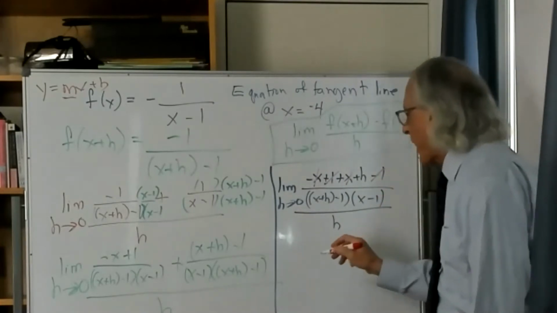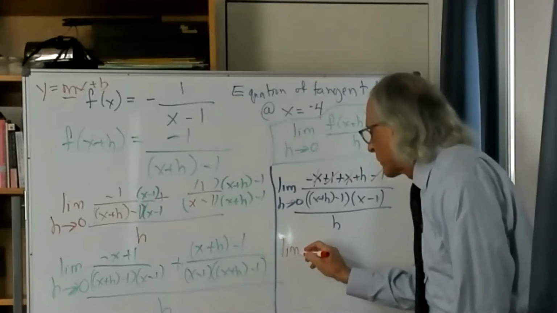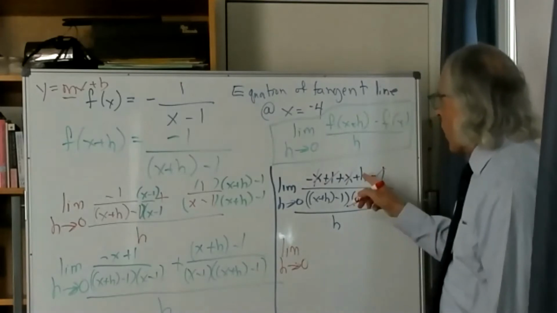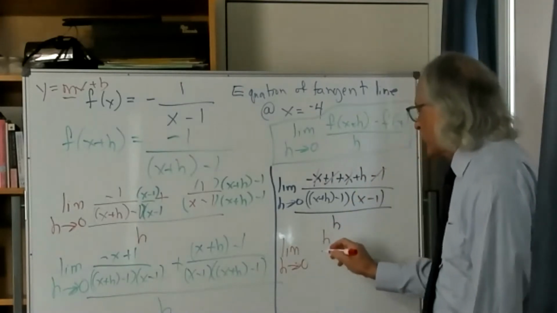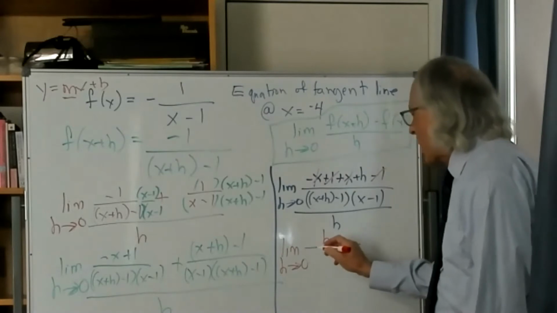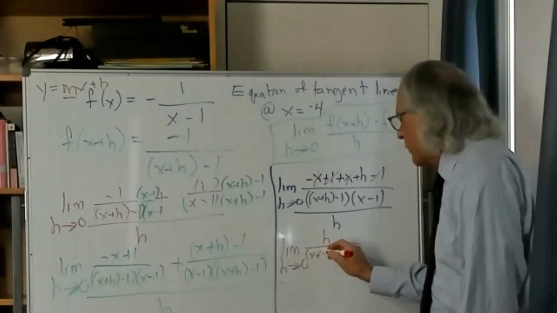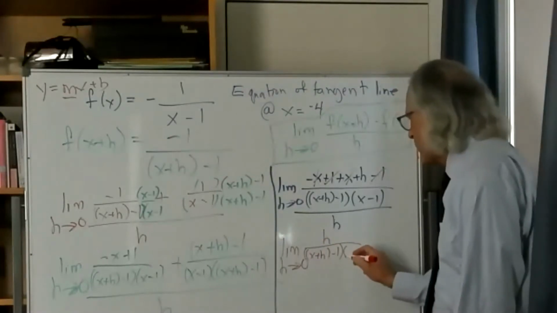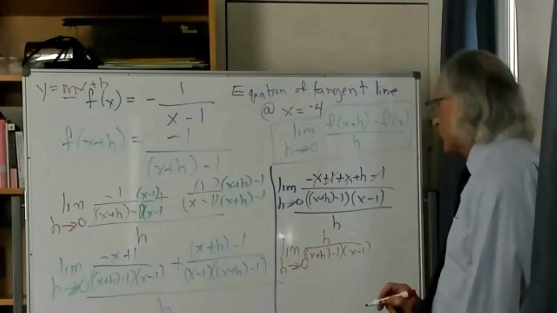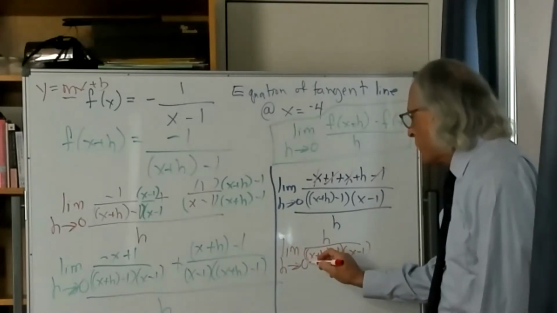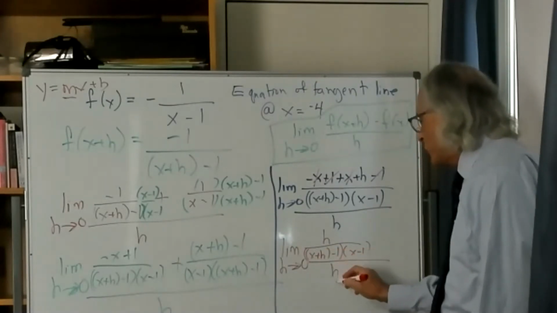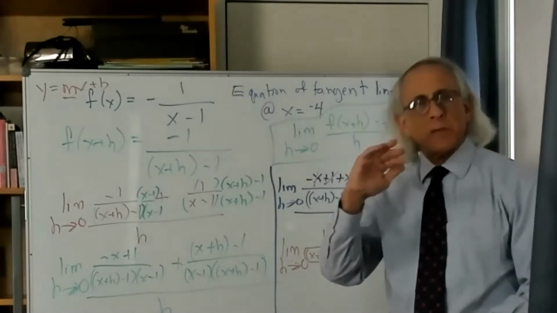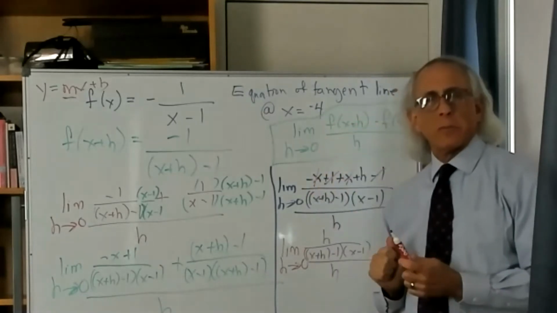So now what I have is the limit as h approaches 0 of h divided by x plus h minus 1 times x minus 1, and all that is divided by h. I'm just taking it step by step, simplifying as I go along.